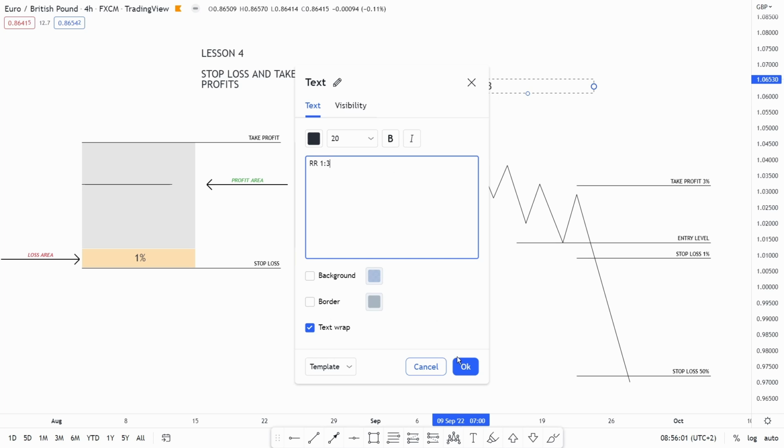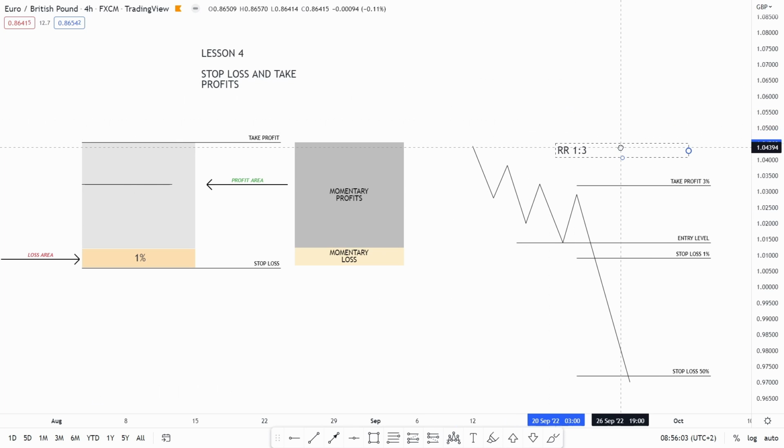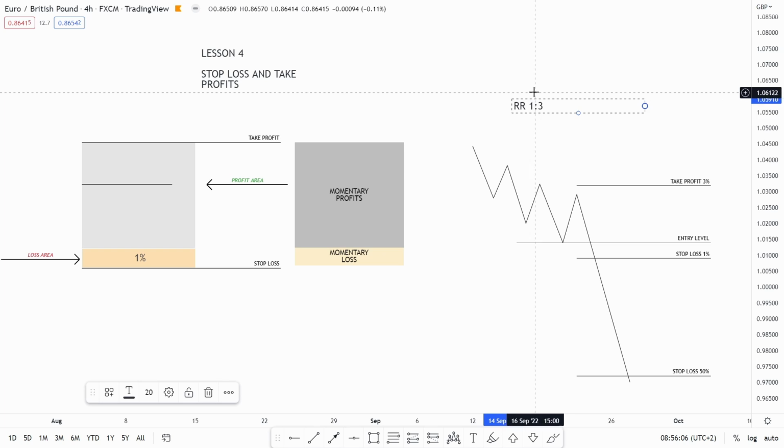Risk reward ratio is usually 1 to 3. So for every 1% of stop loss, I want to be making 3%.